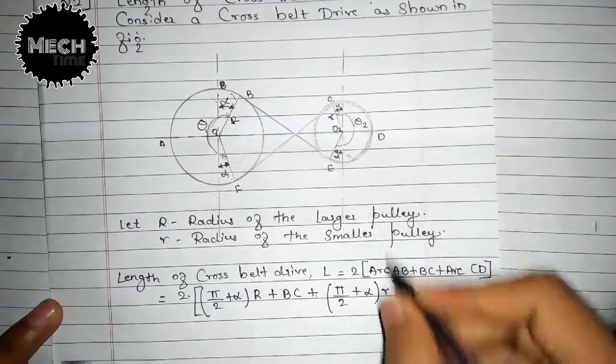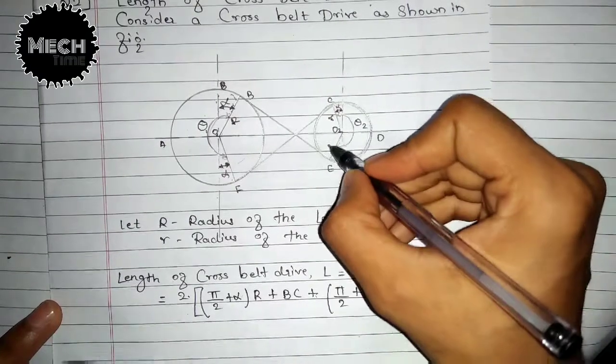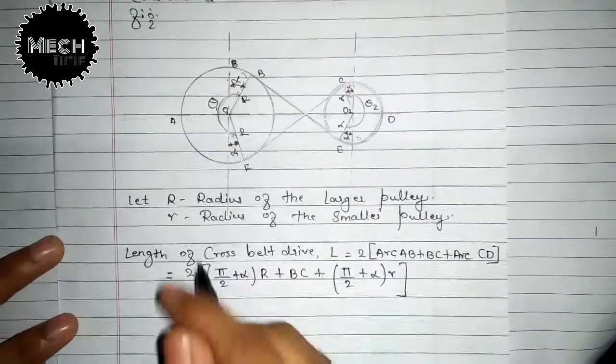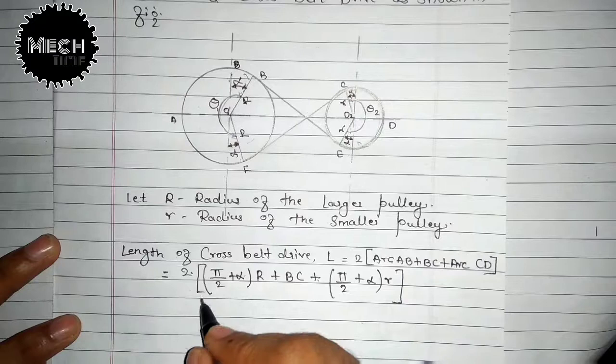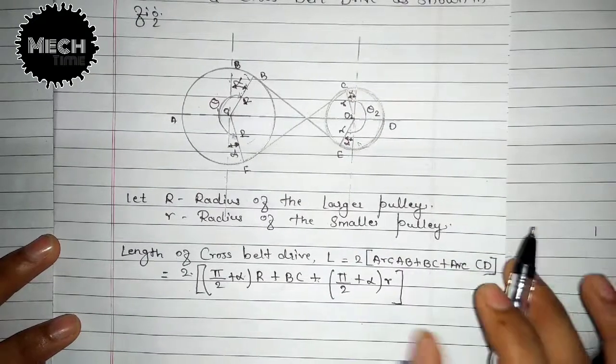Why have I taken the smaller one? Because it is the radius of the smaller pulley. So the length of arc CD is pi by 2 plus alpha into small r.